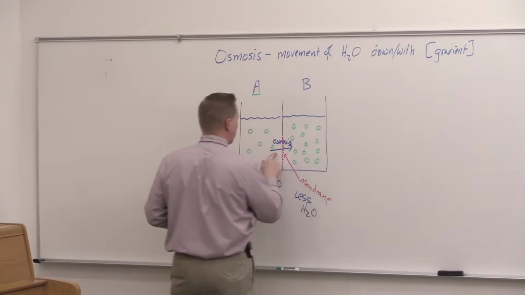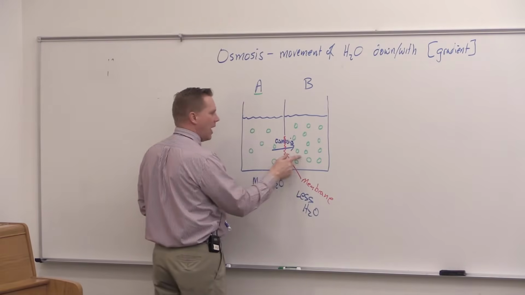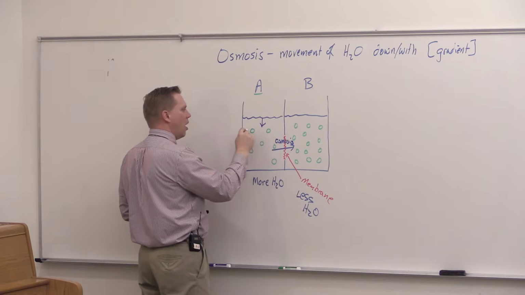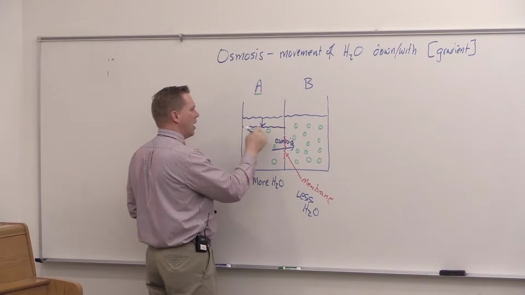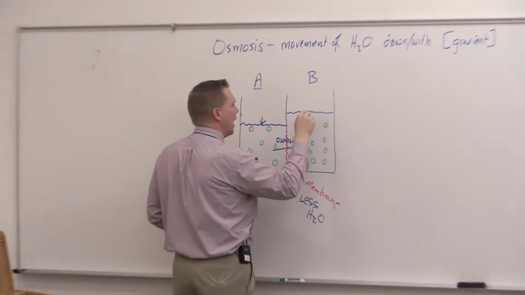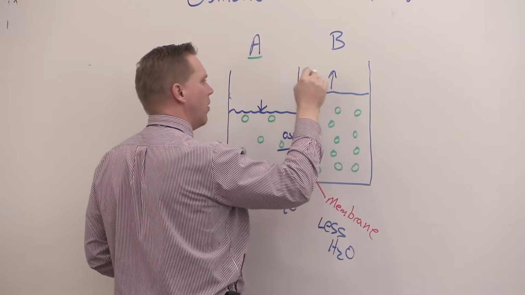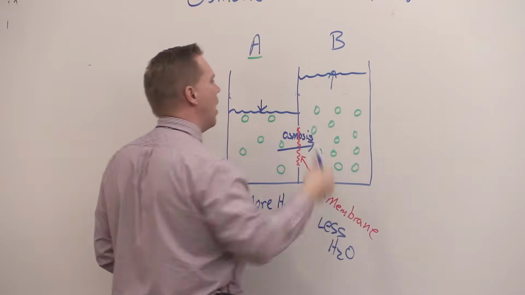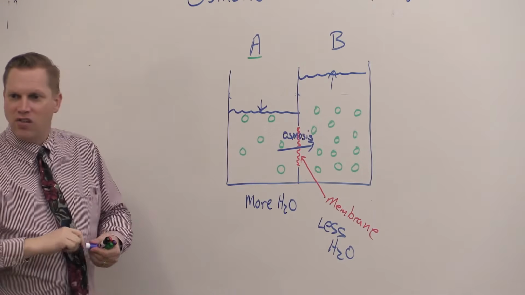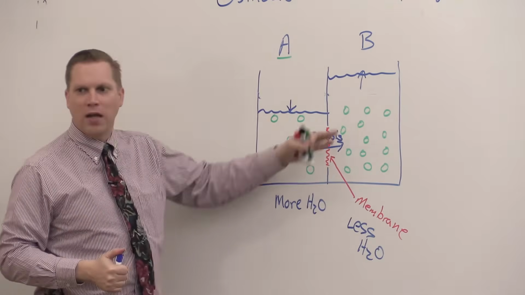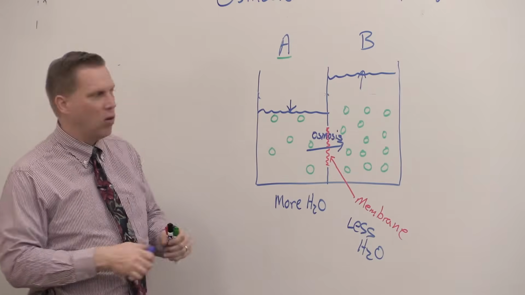As osmosis pulls water from chamber A to chamber B, the level of water in chamber A is going to go down as water moves out of it, and the water in chamber B is going to move up. And so we can actually change the water levels. And in fact, that water will keep flowing until the concentration is equal.